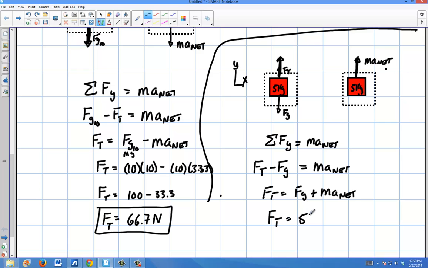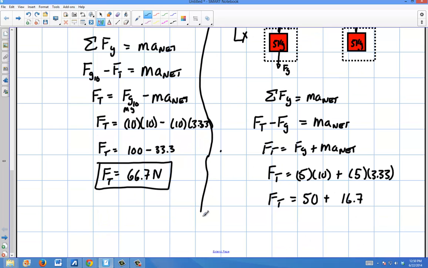So it's going to be 5 times 10 plus 5 times 3.33. So that force of tension is going to be 50 plus 16.7 roughly. And that's going to give you the same answer no matter how you do it, 66.7 newtons.